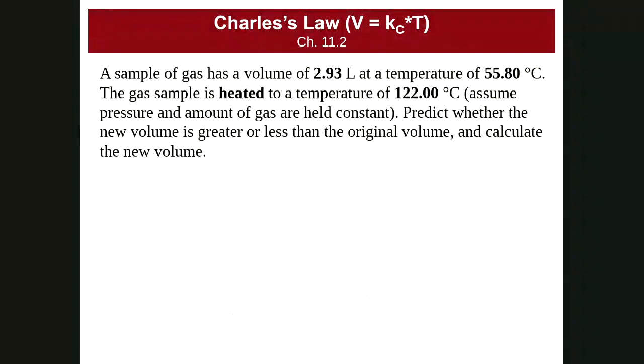All right, so let's use Charles' law. We have a gas sample with a volume of 2.93 liters, so I'm going to say that's volume 1, and a temperature of 55.8, so I'm going to call that T1. And note that is in degrees Celsius.